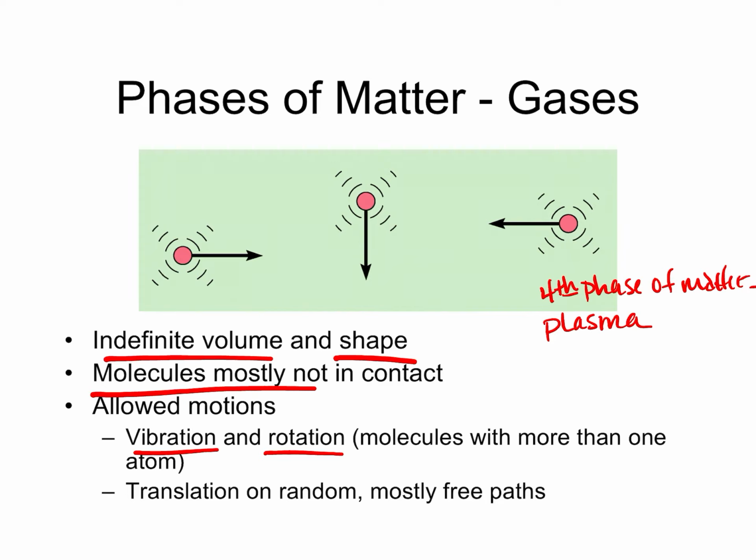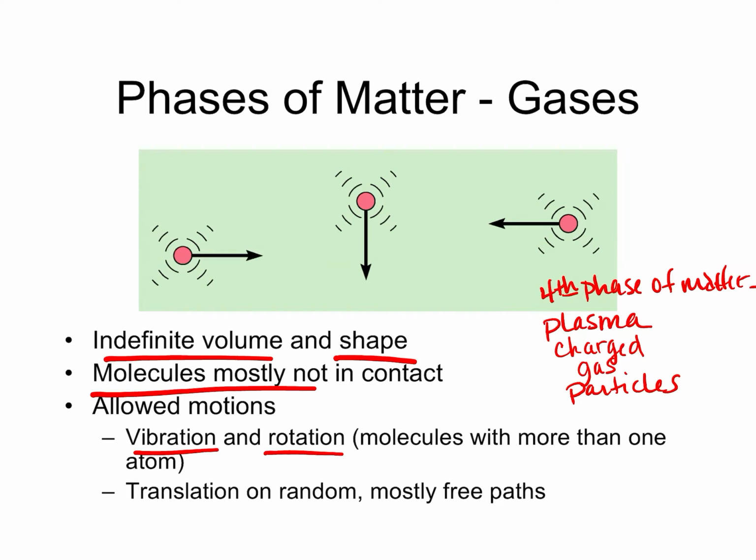So plasma is very similar to gas. It's indefinite volume, indefinite shape, bounces around. The only thing different about plasma is that it's charged. It's basically like charged gas. You find it in lightning, fluorescent lights.